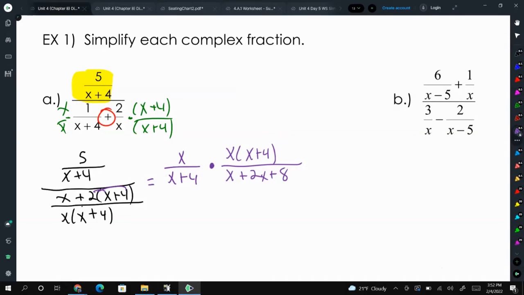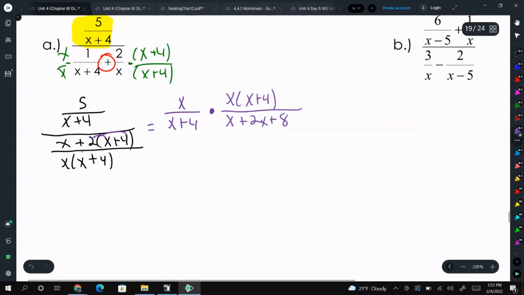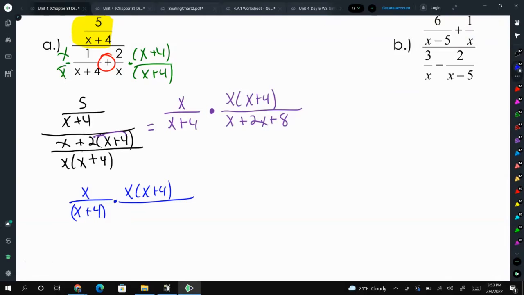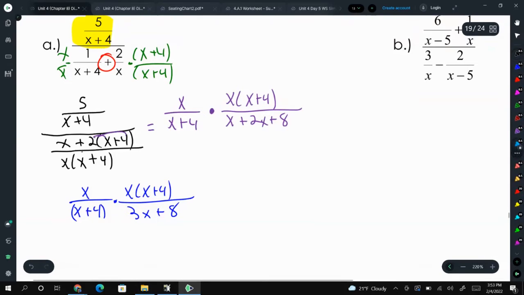I want to simplify that denominator first. So I'm going to have x over x plus 4 times x plus 4 over 3x plus 8. So now, since we're multiplying, we can look at the numerator and denominator and start crossing things off.